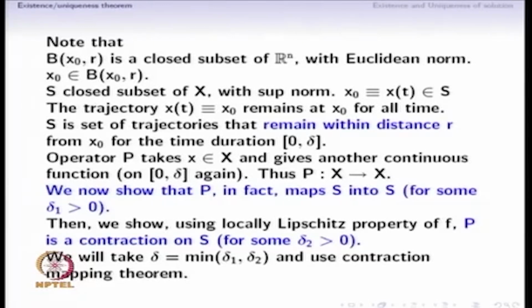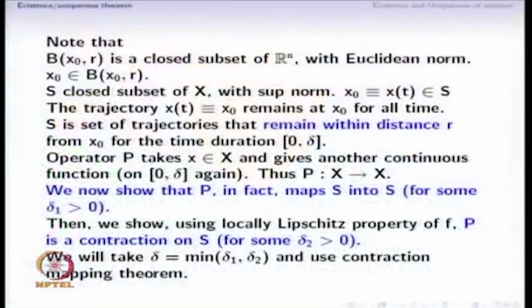For delta suitably small, we will show that P maps not just X into X, but in fact S into S. Then we will use the locally Lipschitz property of the function f to show that P is in fact a contraction on S, again for a sufficiently small delta.